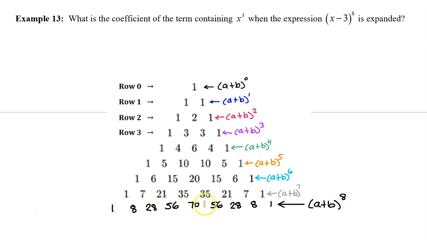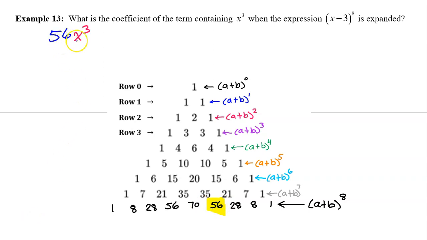So which one of these numbers will lead to the coefficient of the term containing x to the third power? We start off with x to the 8th power, and then x to the 7th power, 6th power, 5th, 4th, 3rd. So we should be staring at the 56.